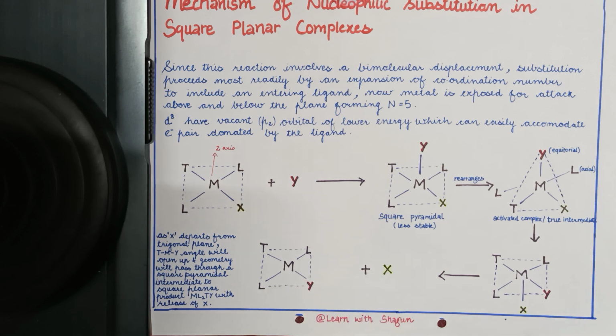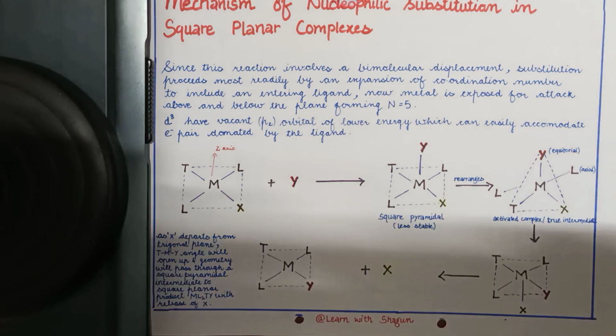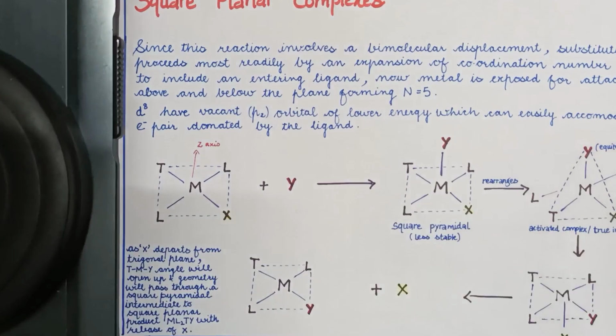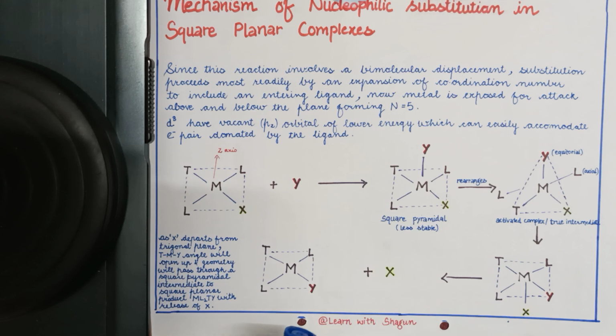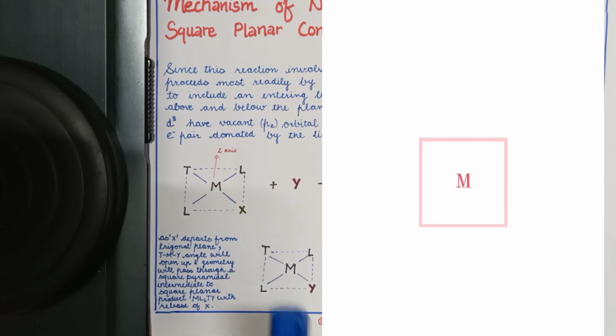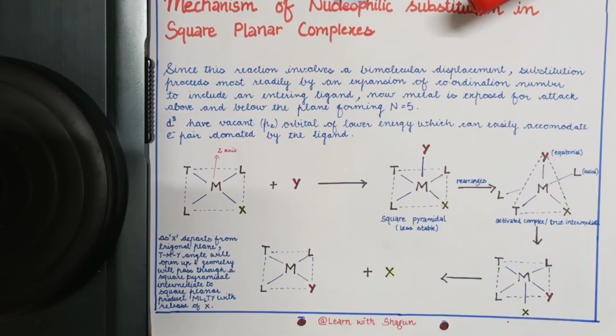Let us move into the depth of it, the mechanism of nucleophilic substitution reaction. Since the reaction involves a bimolecular displacement, in a nucleophilic substitution for square planar complexes, which are in a square planar geometry, the substitution proceeds most readily by an expansion of the coordination number.